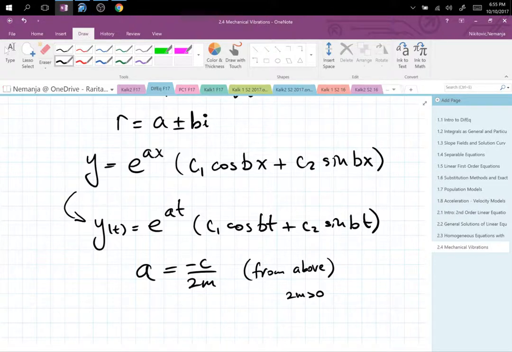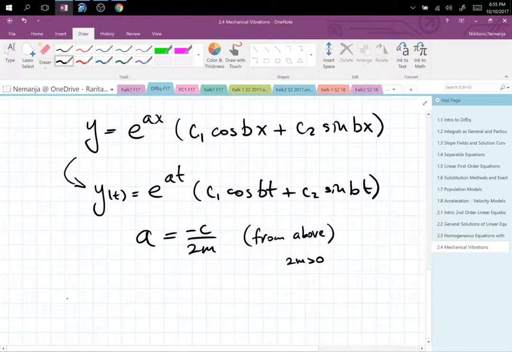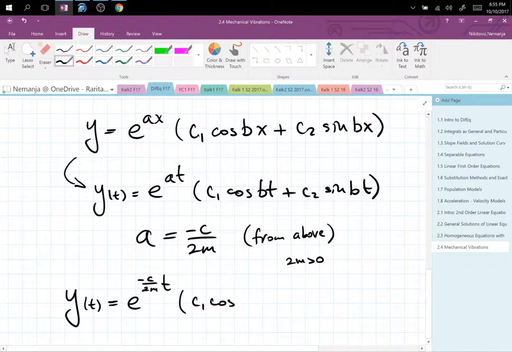So we see that everything depends on this c. If c is positive, this a becomes negative c over 2m. So look what you get. You get that y of t is equal to e to the negative c over 2m t, and then you have all this C1 cosine bt, you can figure out b, plus C2 sine bt.